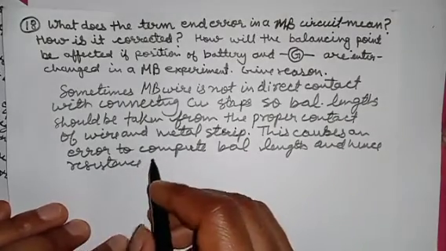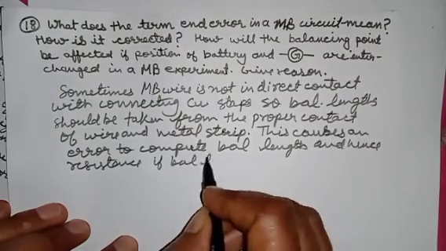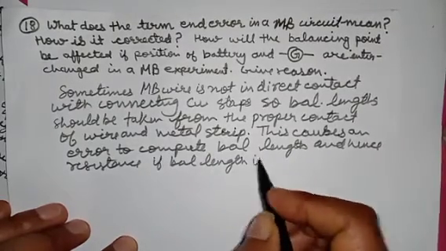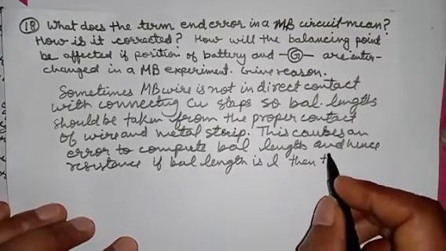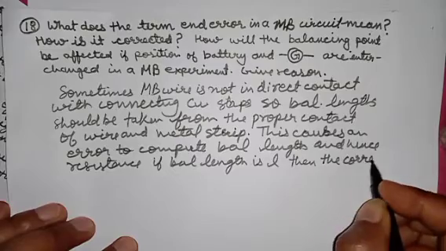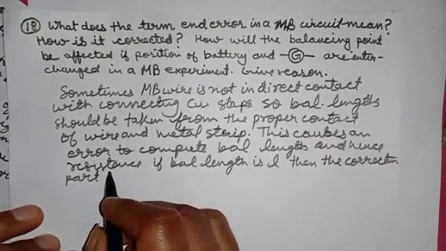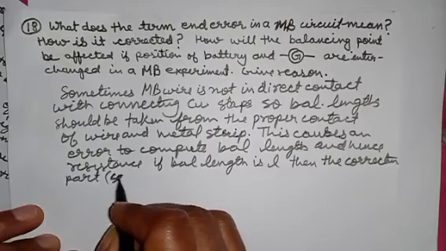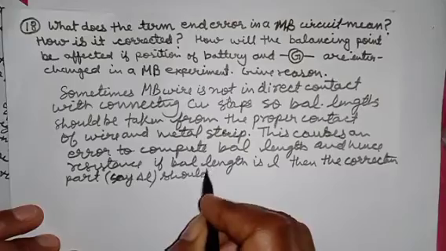So how is it corrected? If the balancing length is L, then the correction part, say delta L, should be added to it.